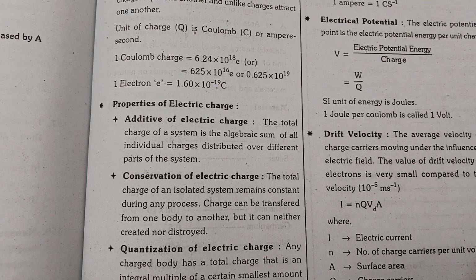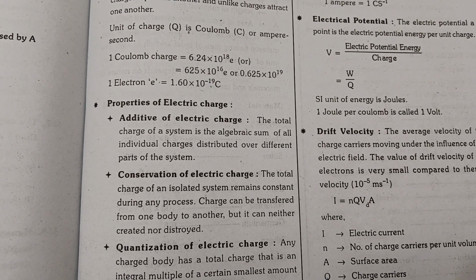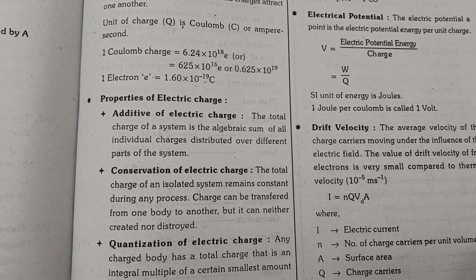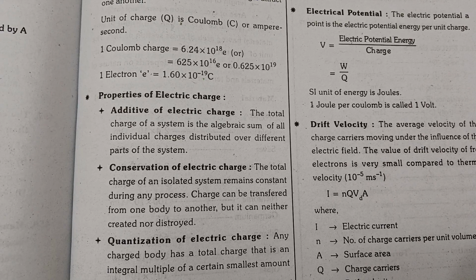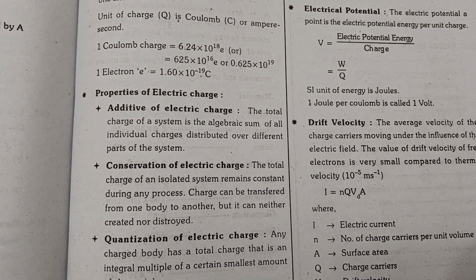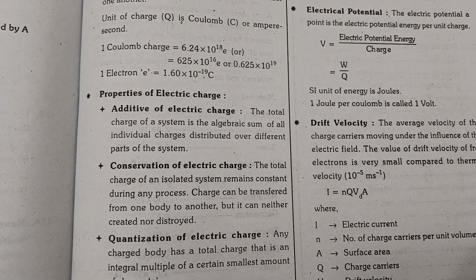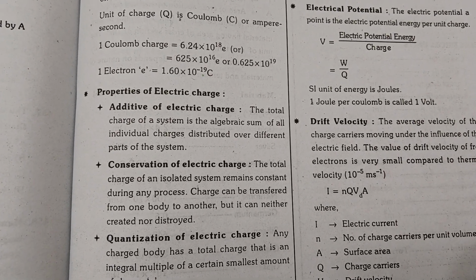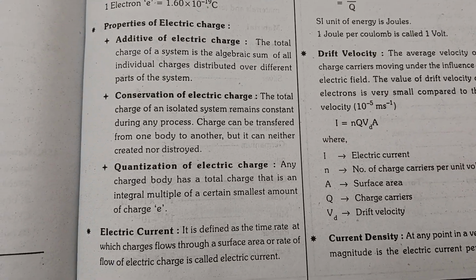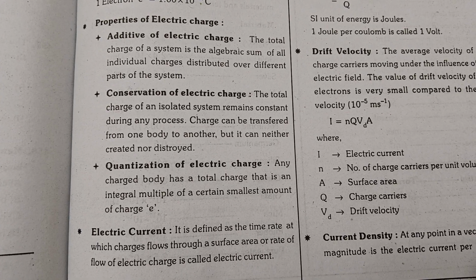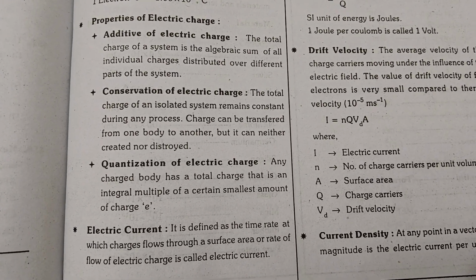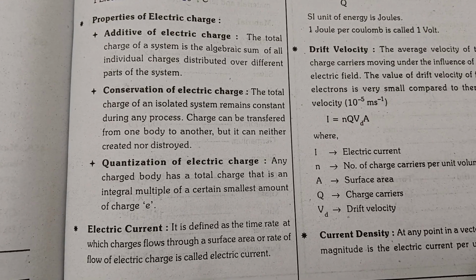Properties of electric charge. Additivity of electric charge: the total charge of a system is the algebraic sum of all individual charges distributed over different parts of the system. Conservation of electric charge: the total charge of an isolated system remains constant during any process.